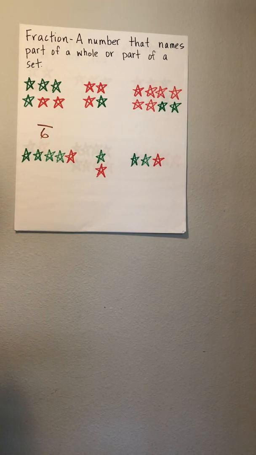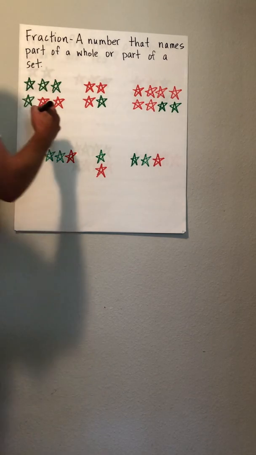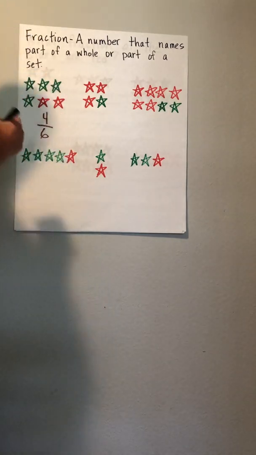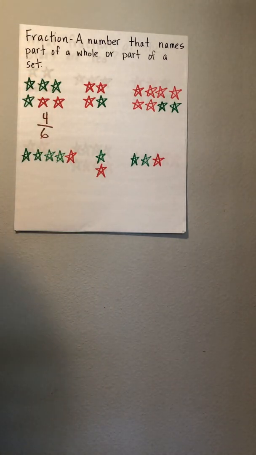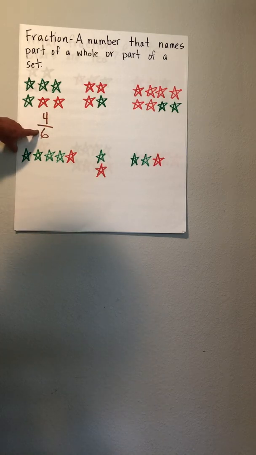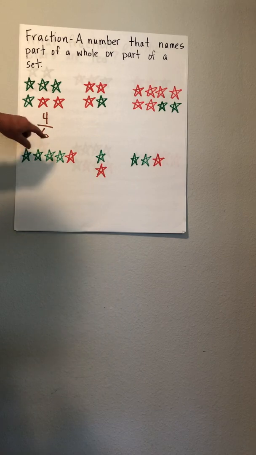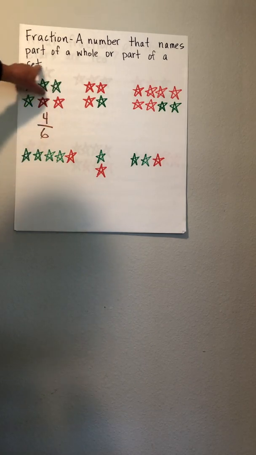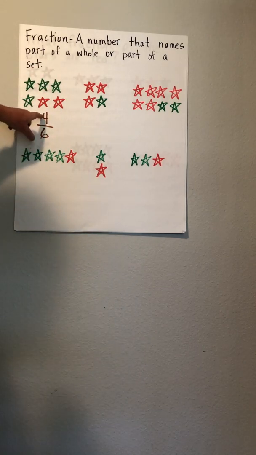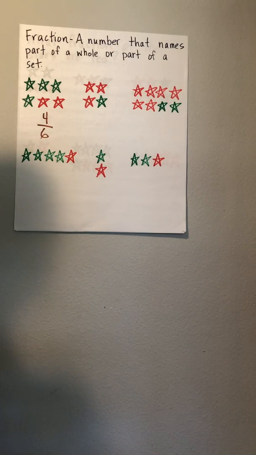Now, how many of the stars are green? 1, 2, 3, 4. So the way that we say this fraction is 4/6. So 4/6 of these stars are green. 4 out of 6 of the stars are green.